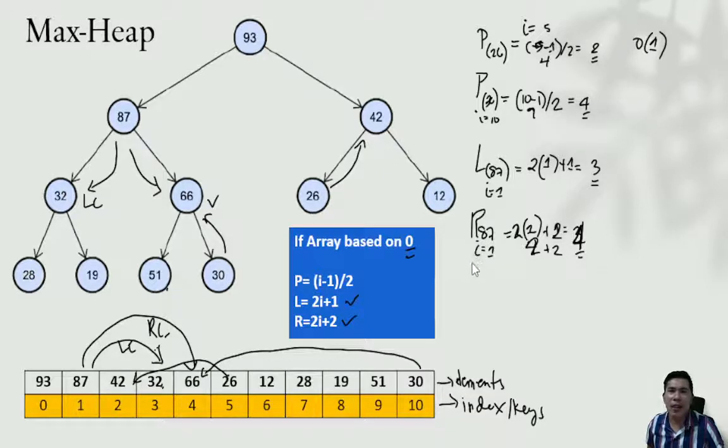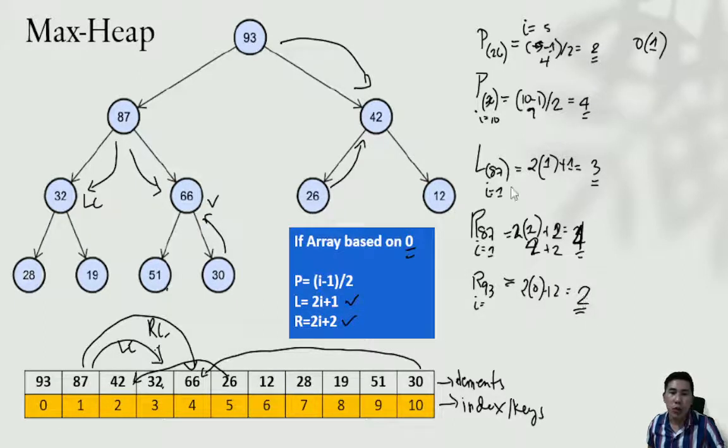Now let's try another one. How about 93? Let's have 93. The right child of 93 is 42. Let's try if, using the formula, we are able to find the right child of 93. The index of 93 is 0, so 2 times 0 is 0, plus 2 gives the index value of 2.